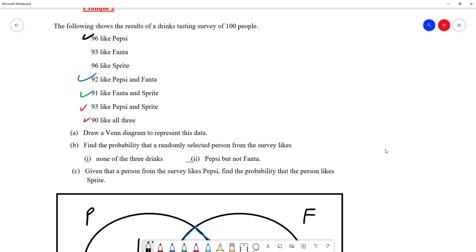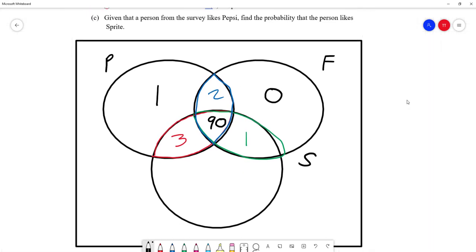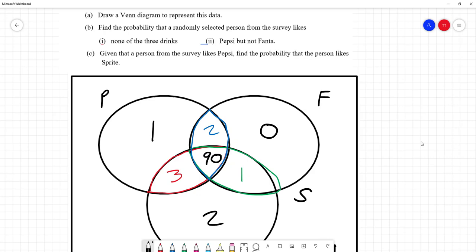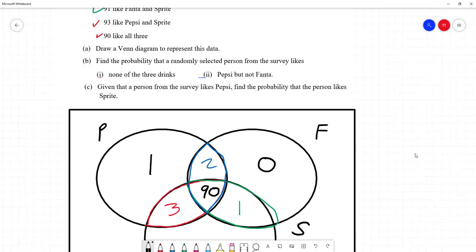And we've got 96 people liked Sprite. So we go down to Sprite. So we've got 93, 94. So we're going to have 2 people here. Don't forget, we need to add up all the values in the circle, every single value, minus it from 100. And we get 1 person didn't like any of the 3 drinks. So that's our Venn diagram completed.